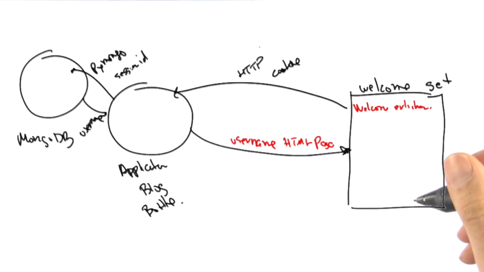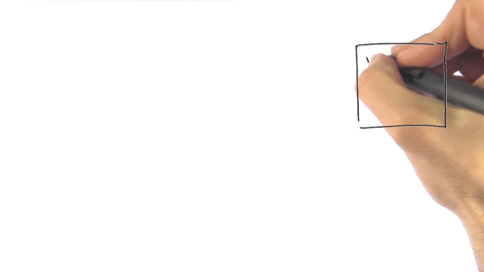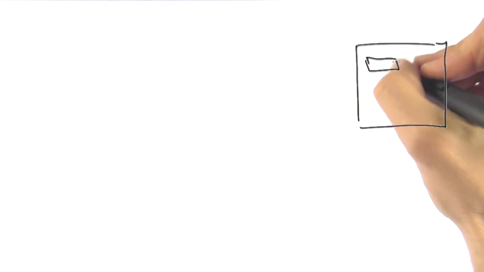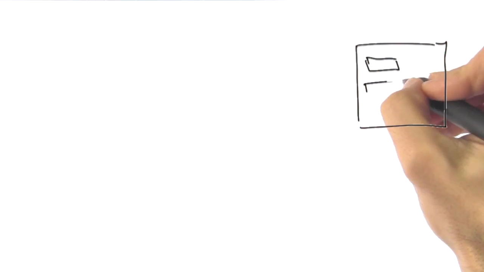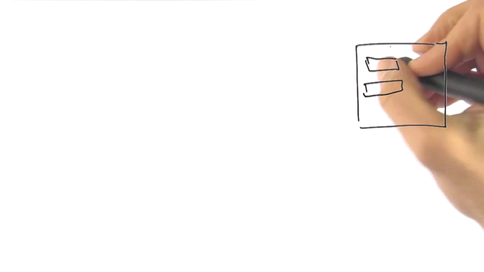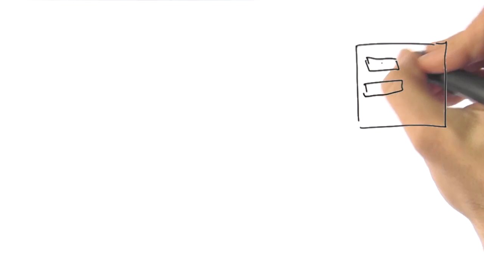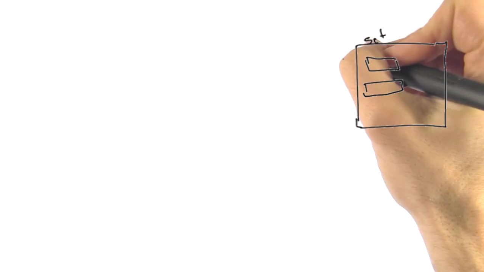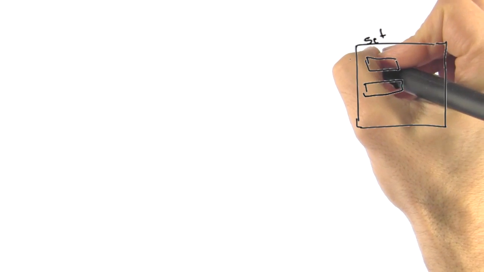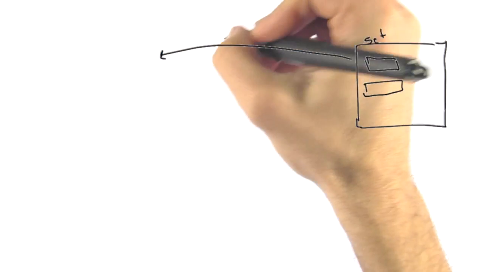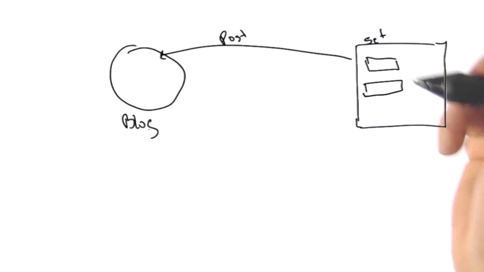Now, let's look at one other flow, which is the flow for logging in. So let's go through that. When you log in, there's a login page, and that login page has a username and password field on it. And it's presented via a GET request. You're going to put username and password in, and it's going to be sent via a POST request to your blog.